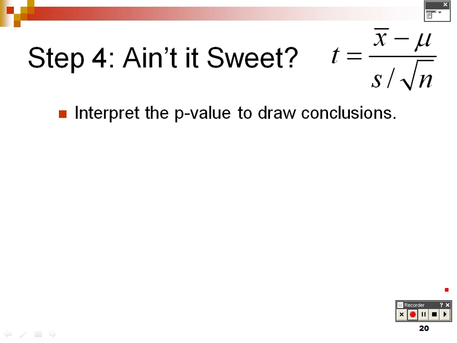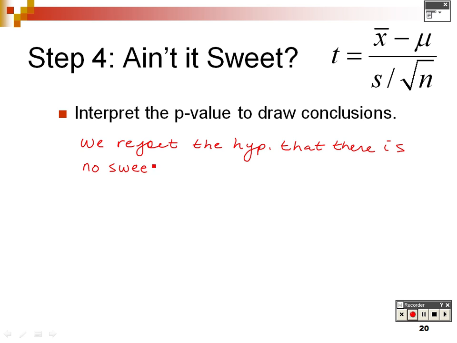Last step, interpret the p-value. We reject the hypothesis that there is no sweetness loss at the 0.05 significance level.